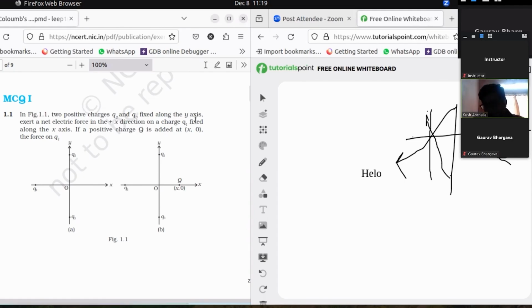So the y direction force is already balanced, and only the positive x direction remains. One guess we can make is that Q1 is negative, since both of these are positive, so that the direction will be towards them. Next, Q is a positive charge, which will again attract, so the net direction of force will be in the x direction only, and it is added at x0. Find the force on Q1.